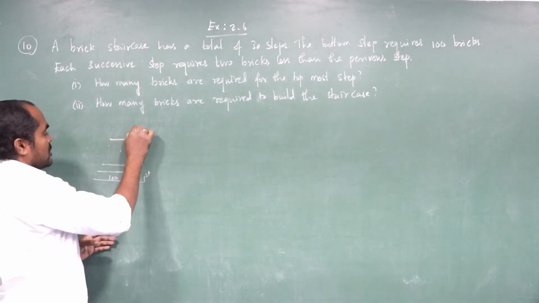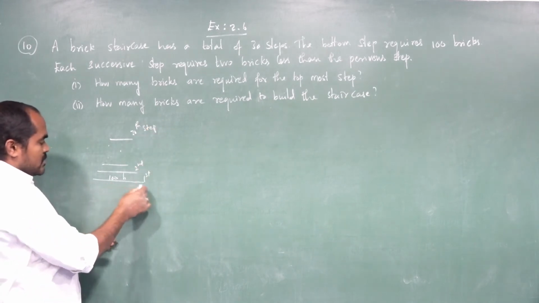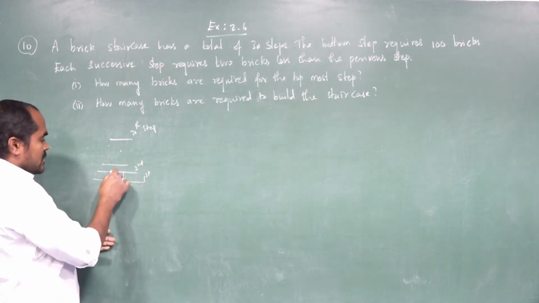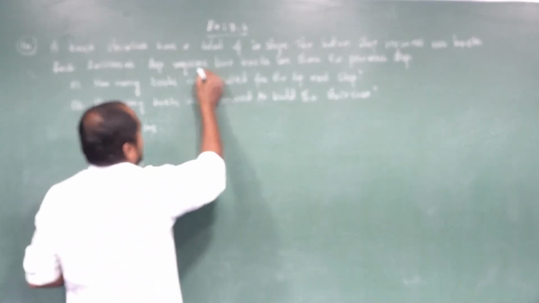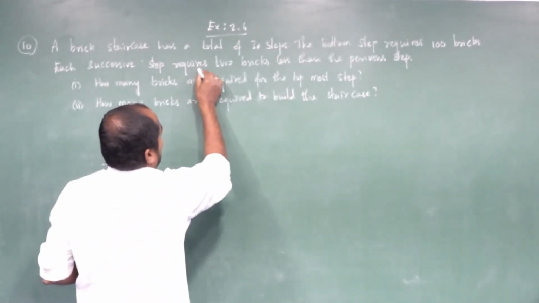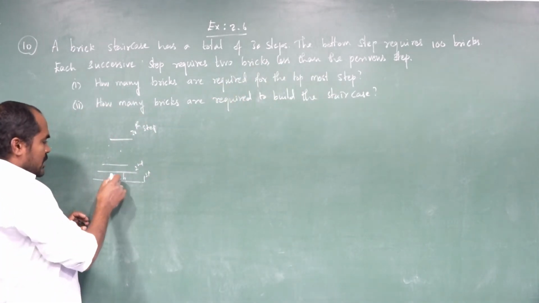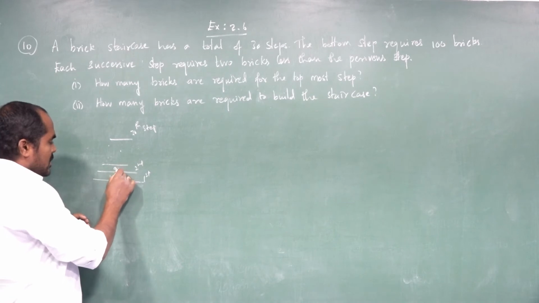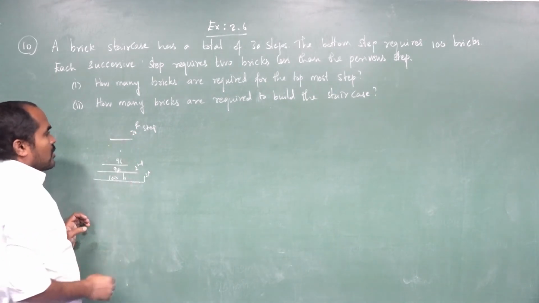This is the 30th step, right? So the first step requires 100 bricks, and each successive step requires 2 bricks less than the previous. So the second step requires 98 and the third is 96 and it goes on.